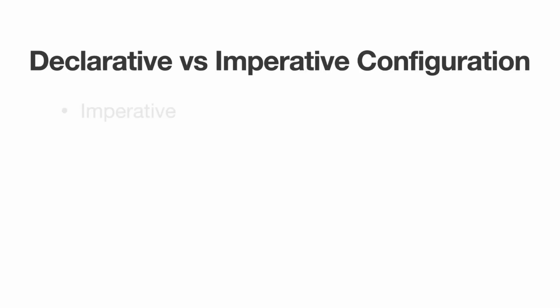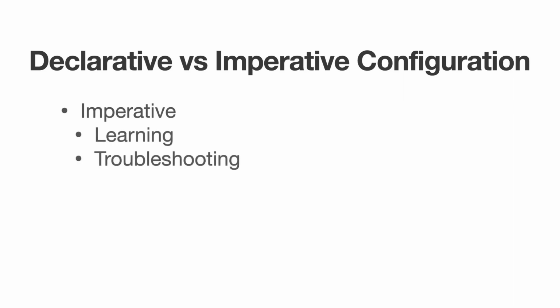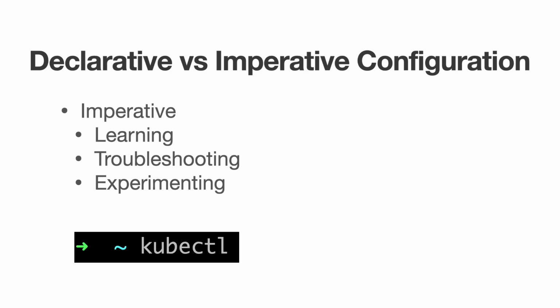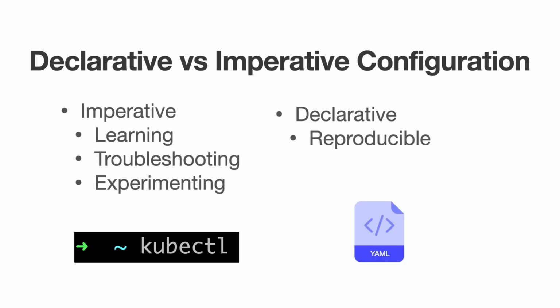Well, the difference is with imperative, you should be using it mainly for learning purposes, when you want to troubleshoot something or experiment with something within your cluster. The declarative approach is reproducible, which means that you can take the same configuration and apply it in different environments. For example, you might have a testing environment or a demo environment or a UAT environment or a production environment.